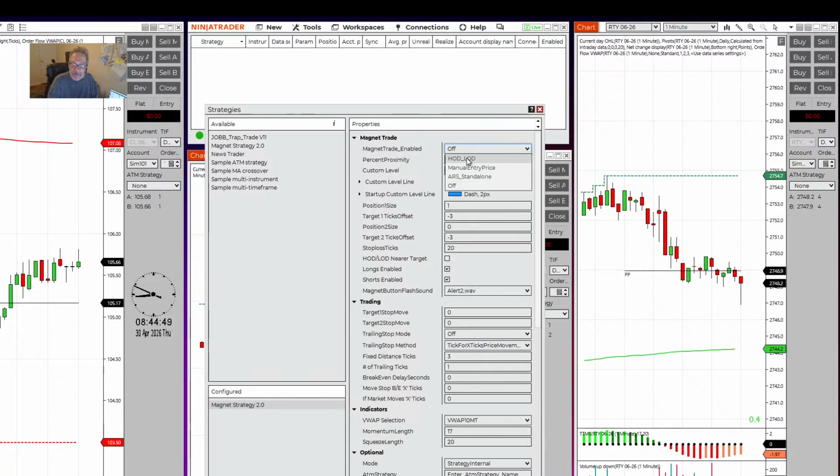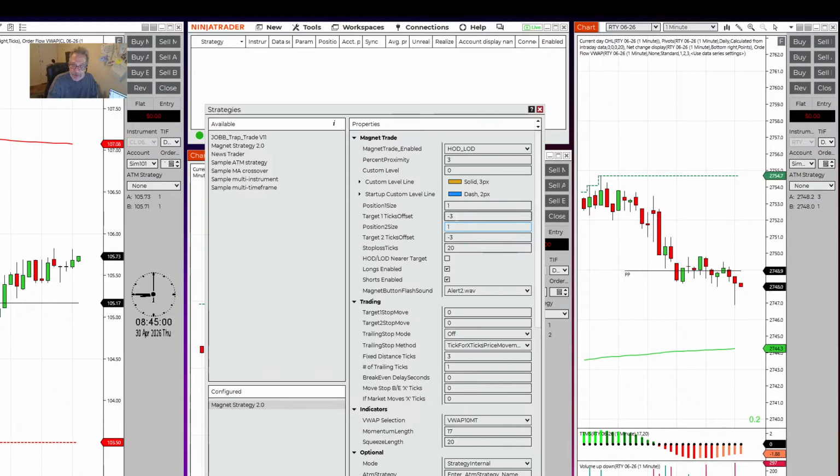High of day, low of day. Position 1 is a 1. Position 2 is a 1. Target 1 is 3, which is standard. 3 ticks above the magnet or 3 ticks below is our exit. Our stop is 40. And my second position is a 1, and I want to go 15 ticks above the magnet or below the magnet.